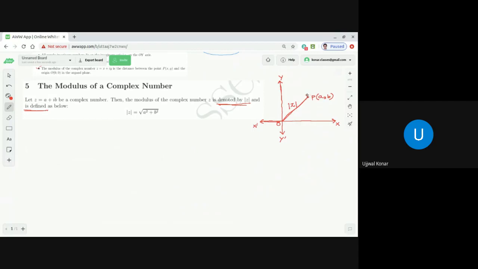Any point on this circle, dear students, has a modulus of mod z. All these points represent complex numbers, and all these complex numbers have a modulus of mod z.